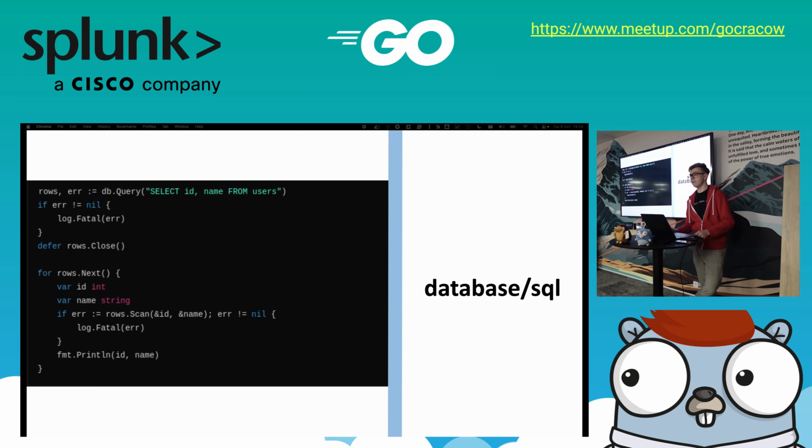So we will start with database/sql. This is a library that is in the standard library of Golang, which is great. Not a lot of languages come with this opportunity to have a common interface for different databases. You need to install the drivers to work with it, but you have the common interface.